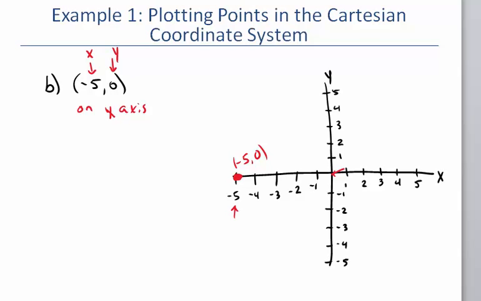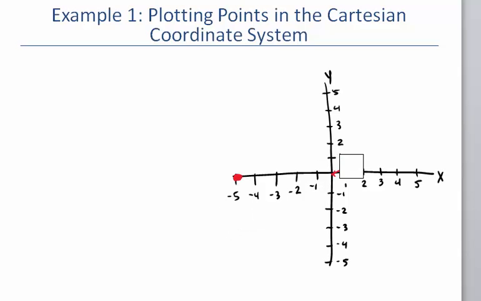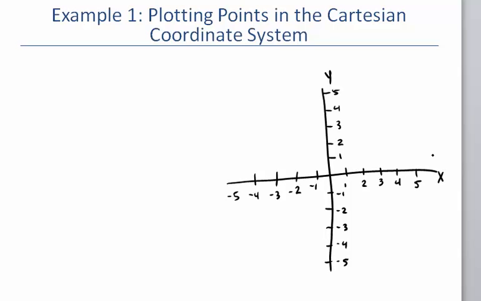All right, let's move to part C. Part C asks us to plot the point (1, -3). Again, we have an x value of 1 and a y value of -3.